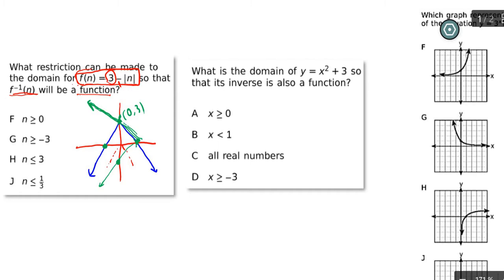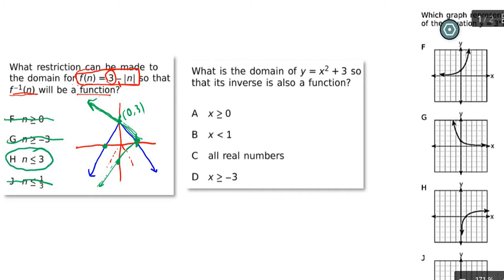It has to be something that is less than 3. Both of them are going towards the left side. They are pointing towards the left side. So it cannot be this one, because the vertex is at 3, right? And this graph is pointing to the left. So it cannot be the other either. So it has to be n is less than 3.